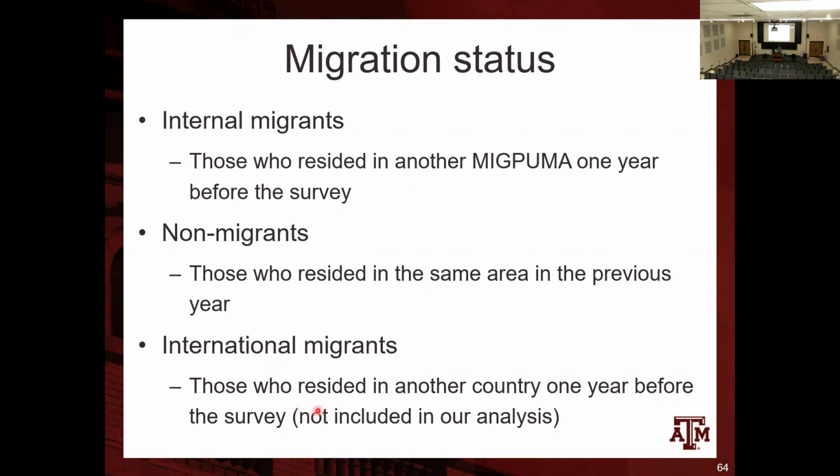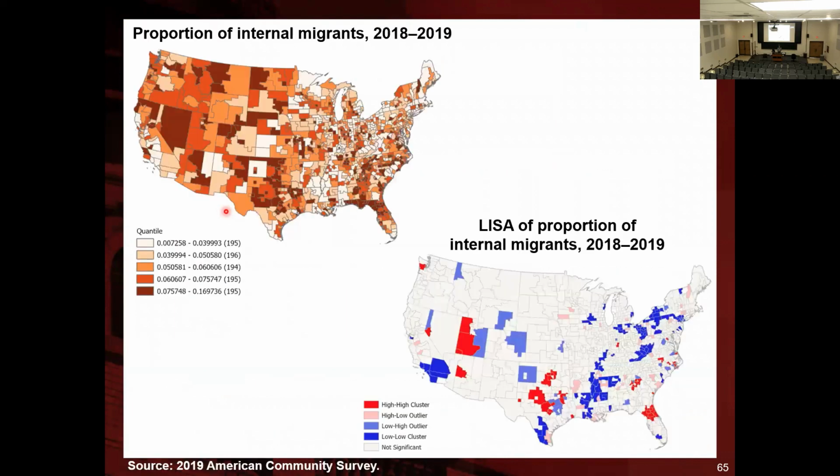And international migrants are those who reside in another country 1 year before and now are in a specific area in the US. But I will not include those people in my analysis here now. I will just look at where internal migrants are more likely to go within the US, and comparing also to some trends of non-migrants.